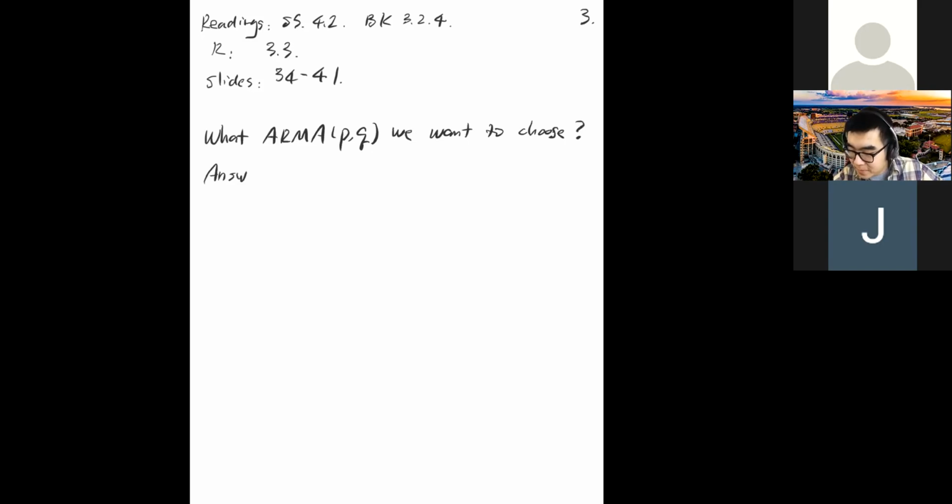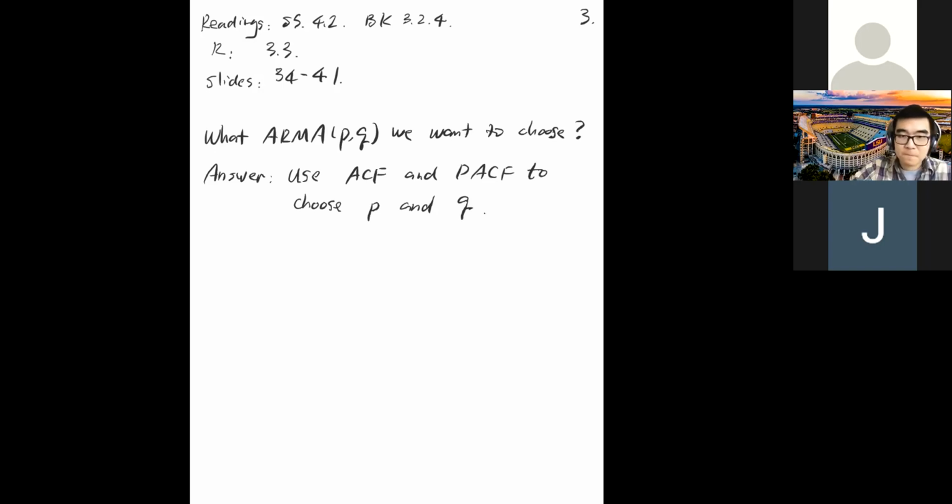We will use the ACF and PACF to choose Q and P. Let's start with the ACF, first for the MA(Q) model.